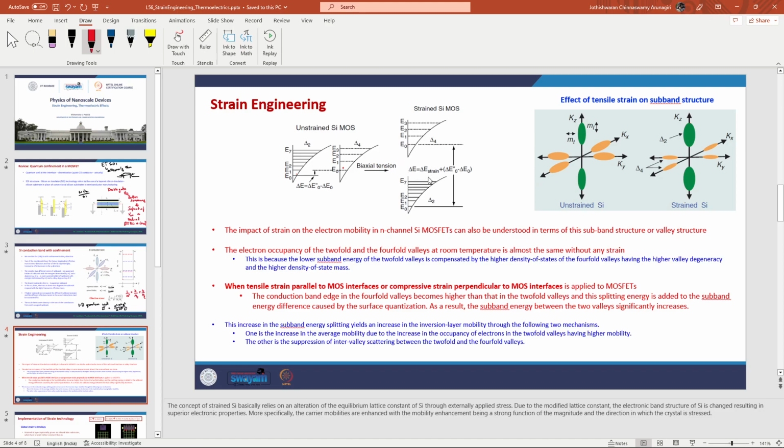So what we have are now two separate energy levels, and usually the lowest energy level of the strained band levels. I mean, no, I shouldn't call them band levels. What shall I call them?